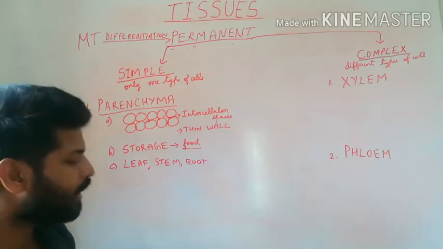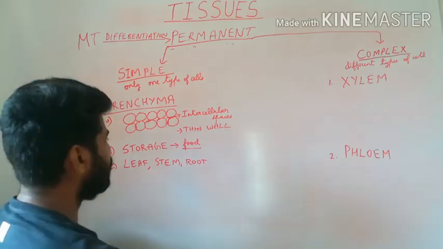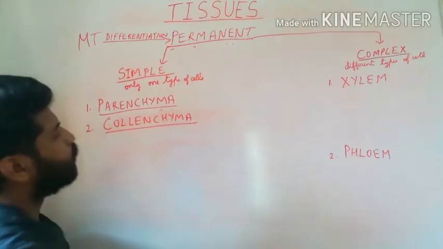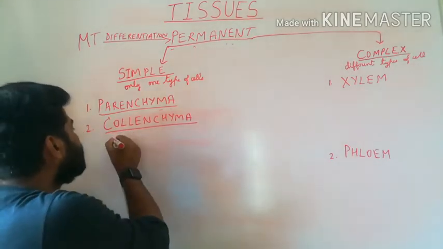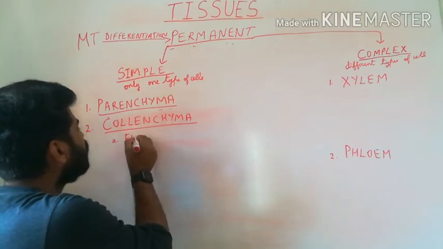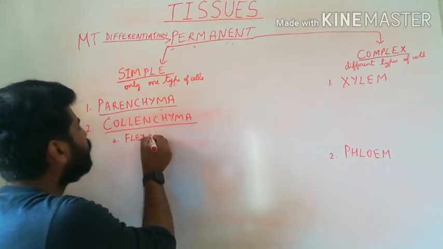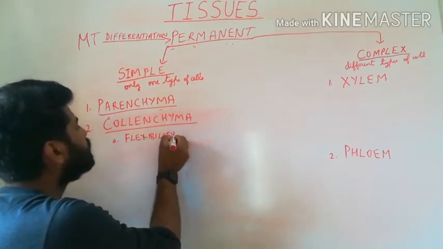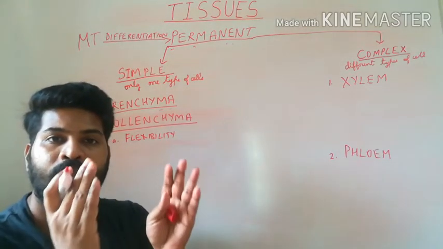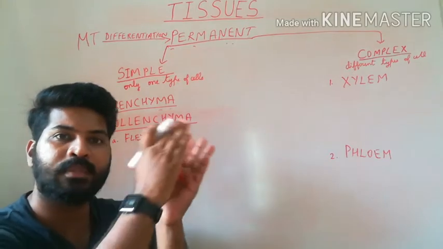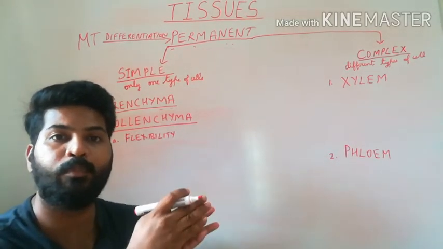The second type of simple permanent tissue is collenchyma tissue. This collenchyma tissue is responsible for flexibility of the plants. It makes the plant parts flexible. For example, we can see the stems bending without breaking.